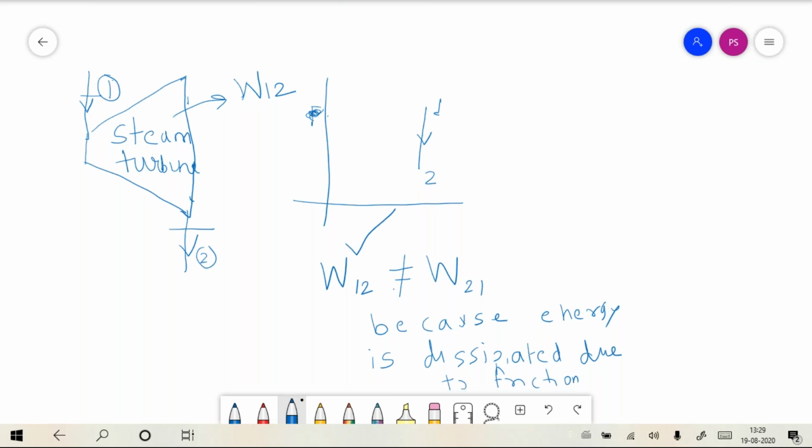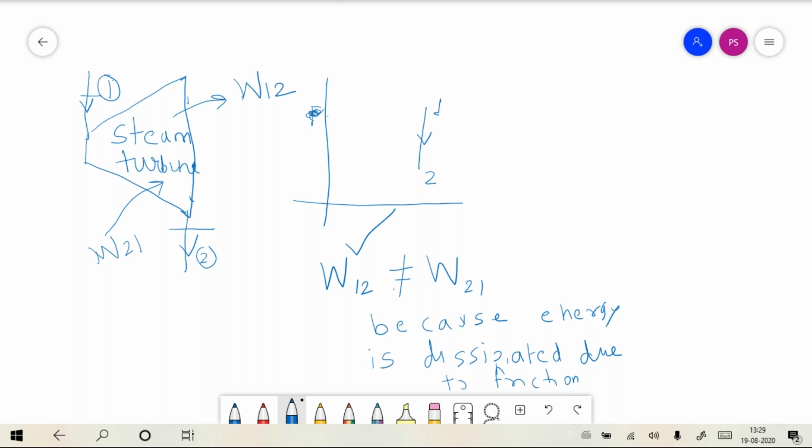Now, if you want to get back to the state 1, it means that you need to supply certain work W21.